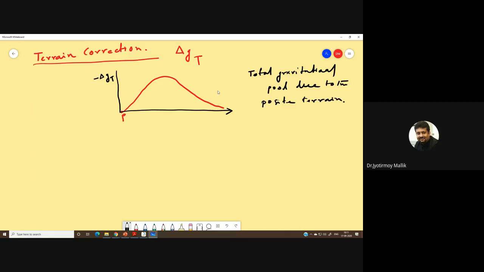Now, what we are going to do here is essentially follow the concept of integration. I will divide this whole positive terrain into a number of small cylinders.